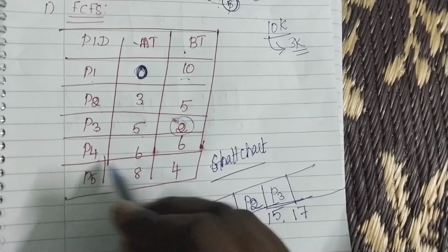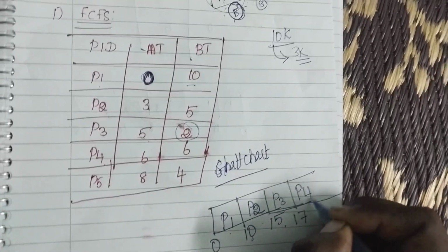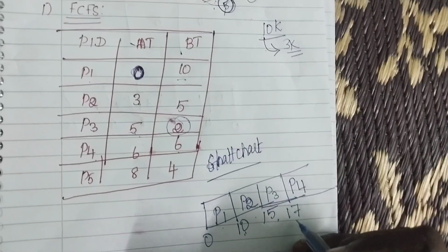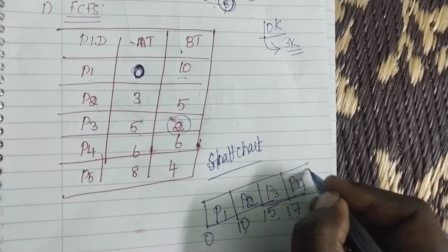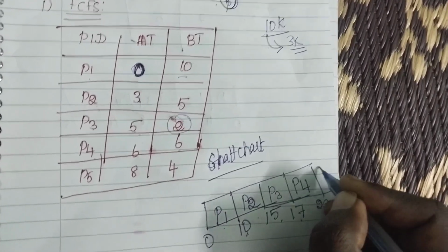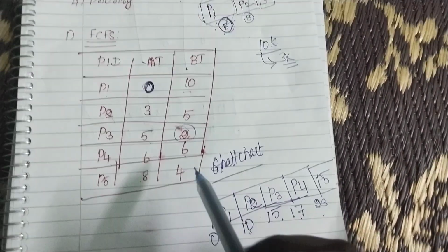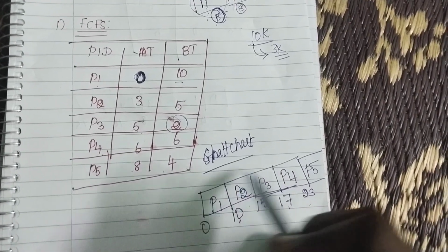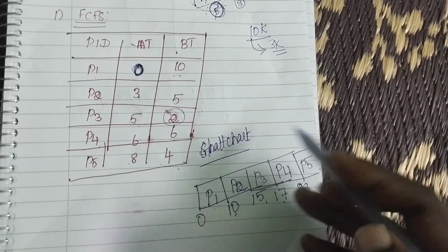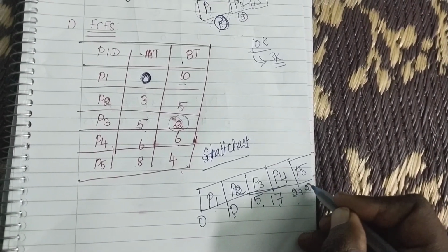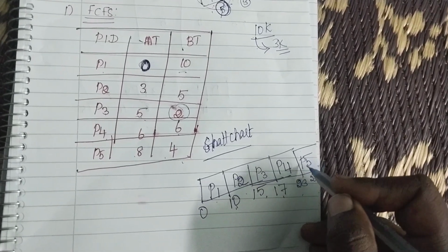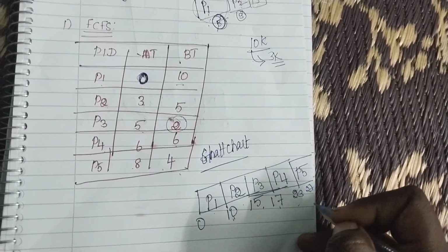The next one, P4, has burst time 6. So 17 plus 6 gives 23. Finally, P5: 23 plus 4 reaches 27. So P5 is completed at the time of 27.